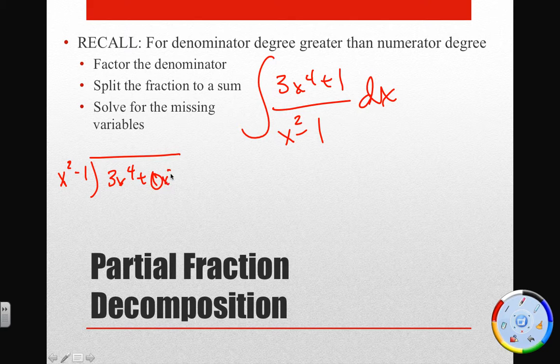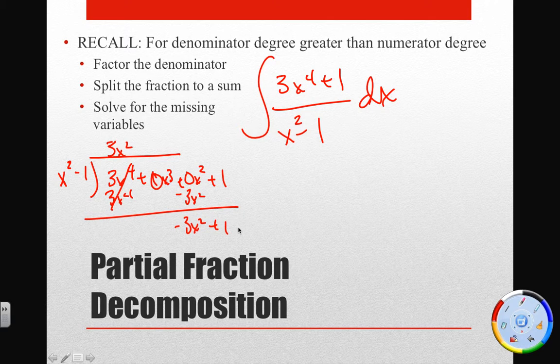Plus 0x cubed plus 0x squared plus 1. Don't forget your zeros there. Dividing by x squared, this goes in 3x squared times, so I get 3x to the fourth, and a minus 3x squared. Subtract, this comes down to nothing. This comes down to negative 3x squared plus 1. Oops, sorry, not negative, positive.